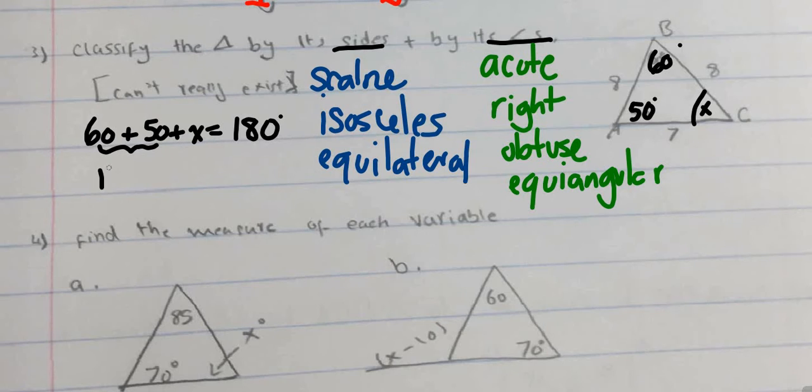I'm going to add: 110 plus X equals 180. And now I'm going to minus 110 from both sides. And 180 minus 110 is going to be 70 degrees. So this is now 70 degrees.